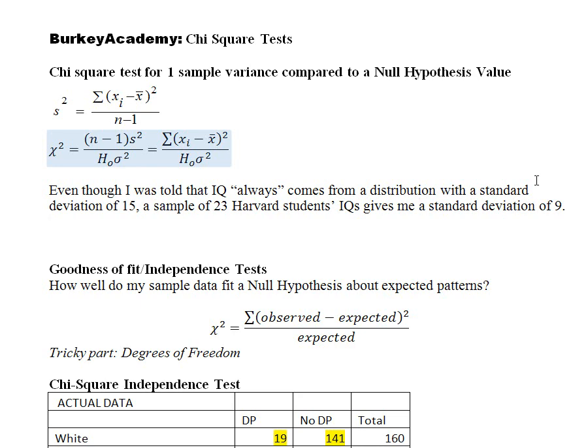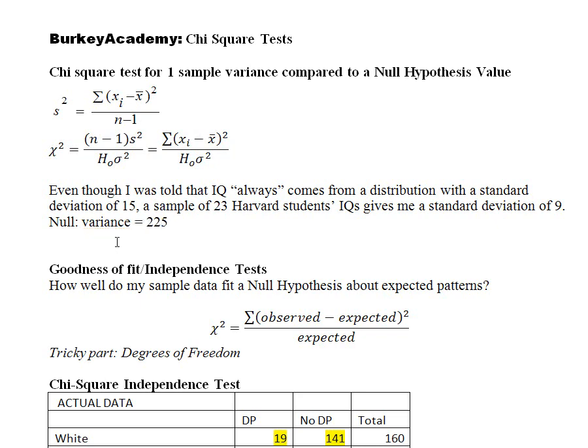And so the null hypothesis we're talking about is, should we assume that the standard deviation is 15, or 15 squared is 225. So the null hypothesis value is that the variance equals 225, 15 squared.